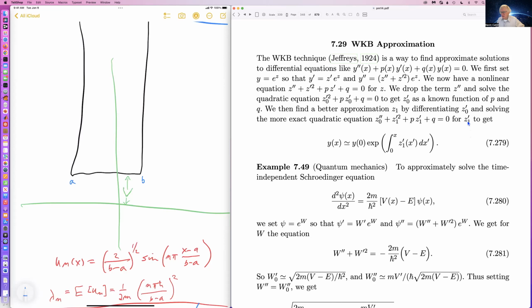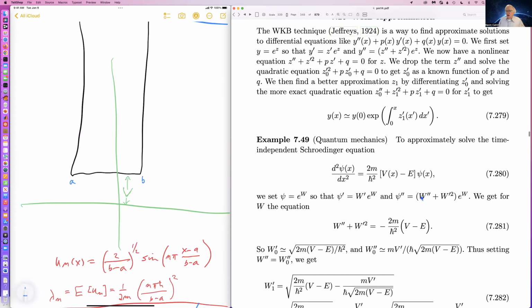And of course, z1 prime just means our best guess as to what z prime should be. And if we integrate z prime, we get z, and y was e to the z of x, and so that's our solution.